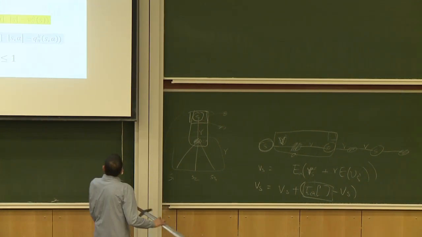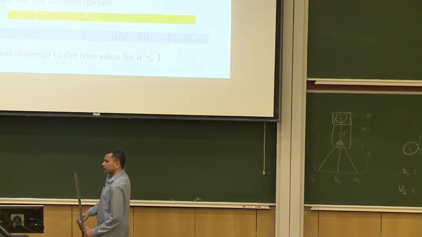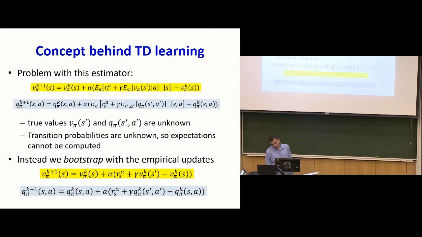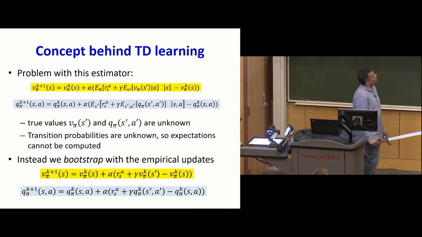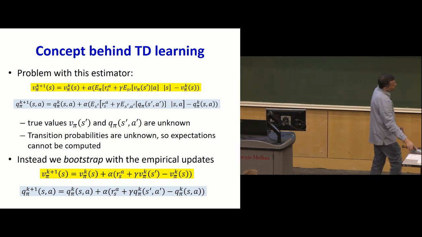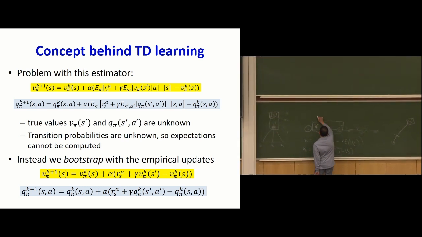And so now I can say this is how much I'm off by, the term within the parentheses, which is the difference between the value that you would compute here, which is r plus the expected value of the future state, minus the value of the current state, right?